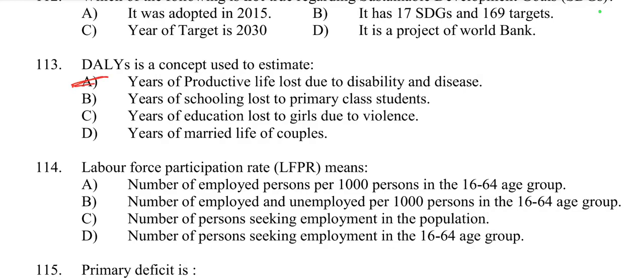This is the right option, option number A. It measures the burden of disease by combining the years of life lost due to premature mortality and the years lived with disability.